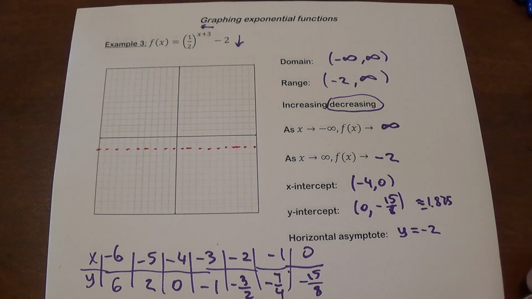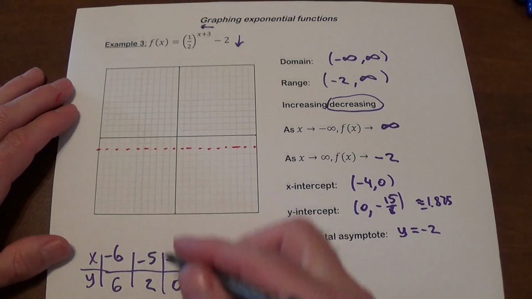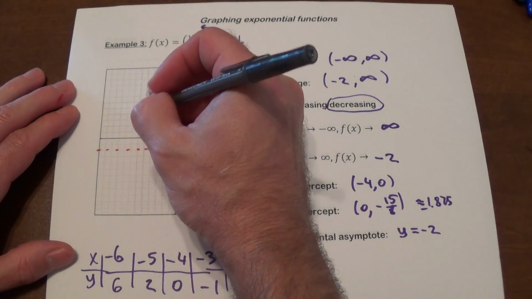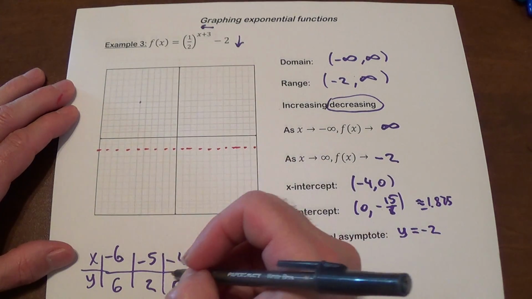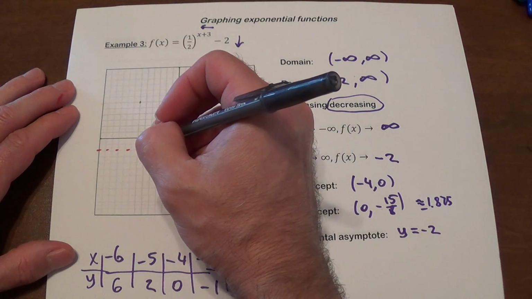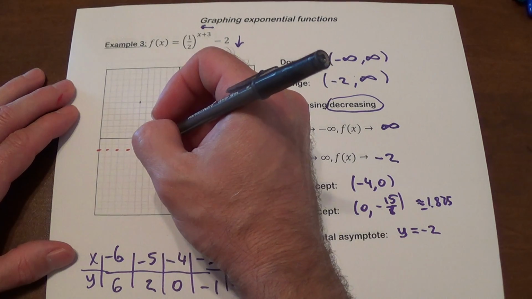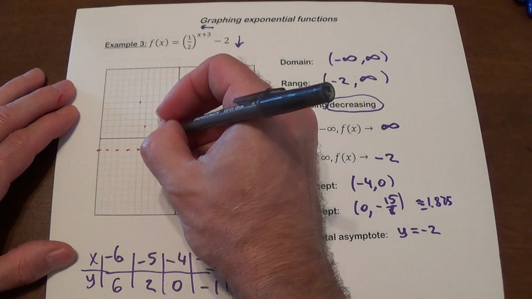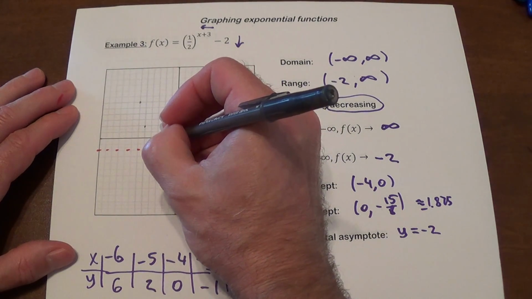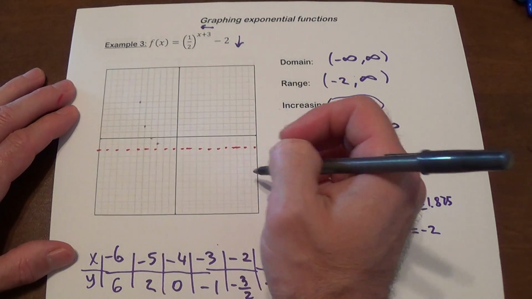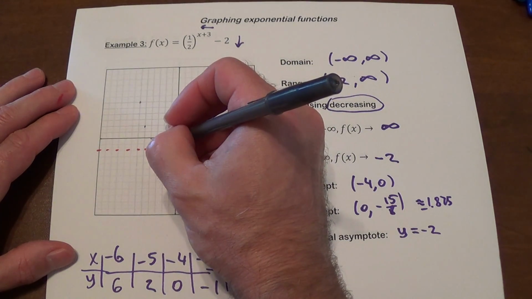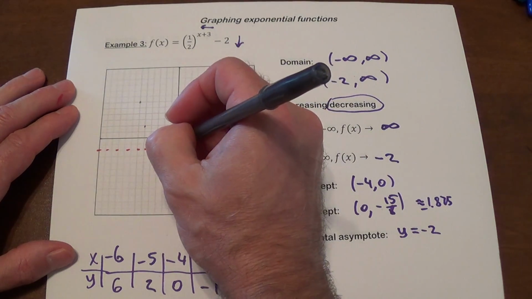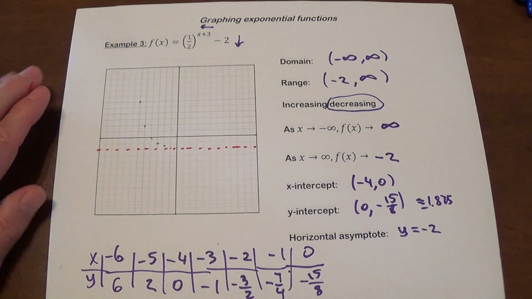And let's plot the points that we have. So -6, 6, -5, 2, -4, 0, -3, -1, -2, -1.5, -1 is going to give us -1.75, and it's just going to start getting closer and closer.